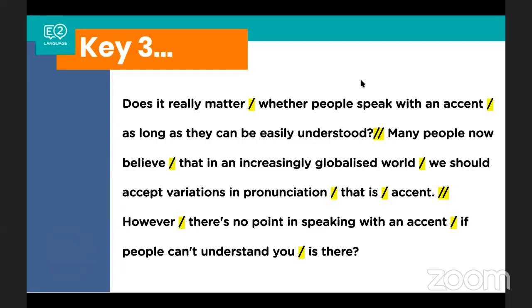Many people now believe that in an increasingly globalized world, we should accept variations in pronunciation, that is, accent. However, there's no point in speaking with an accent if people can't understand you. Is there? Cool, your turn. You have 30 seconds to read out loud and pause correctly.